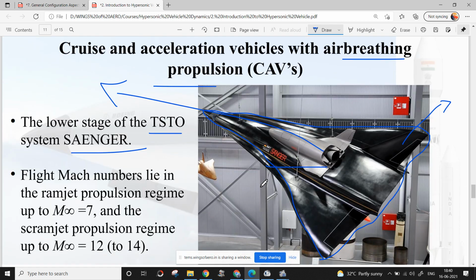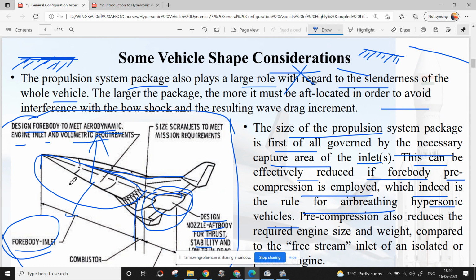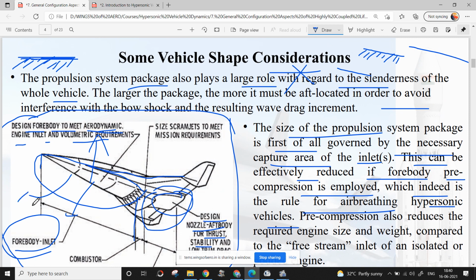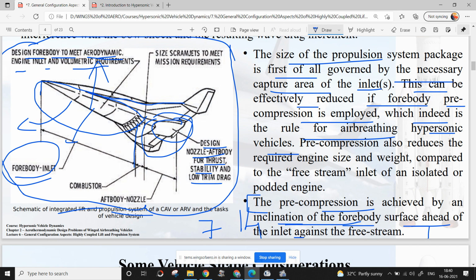The reference we are taking is the Sanger vehicle. The forebody is going to help with pre-compression, pressure will be increased, and velocity of the flow will be decreased. And the rear end, that is the aft body nozzle section, is going to help with thrust and, apart from thrust, it is also going to help with stability.